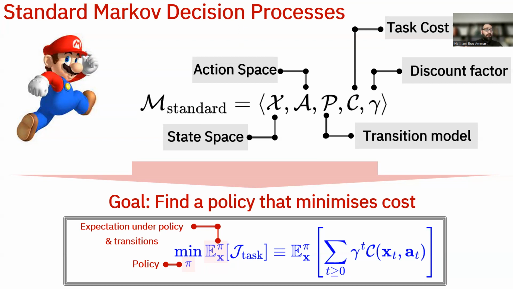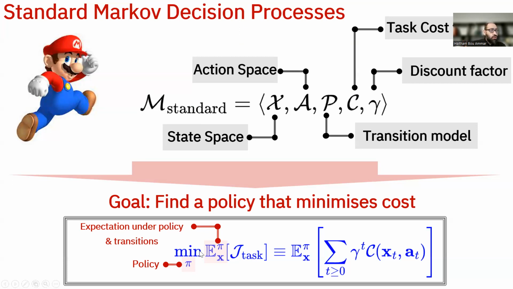My goal in reinforcement learning is to find a policy or an action selection rule that will minimize the total cost that I incur in the environment. Probably you've seen this as maximize, and instead of cost, you had the reward, but really they're the same thing. You can just define the cost as negative the reward, and then you end up with a minimization problem instead of a maximization problem.